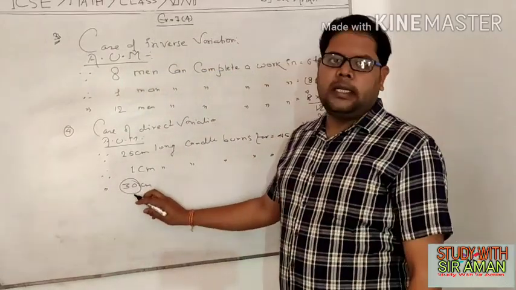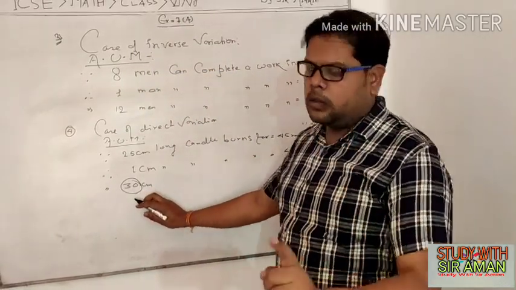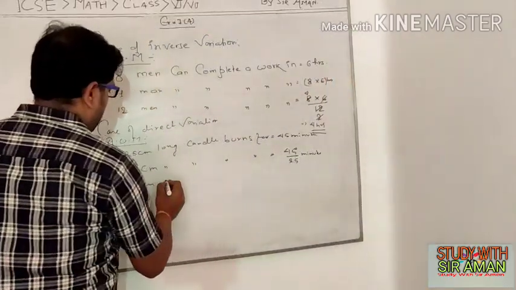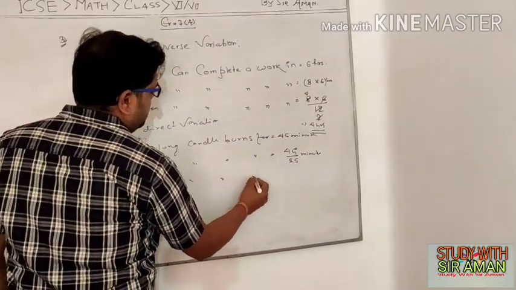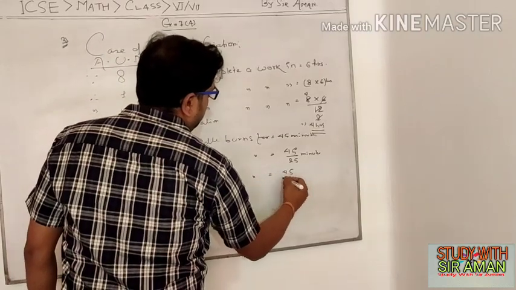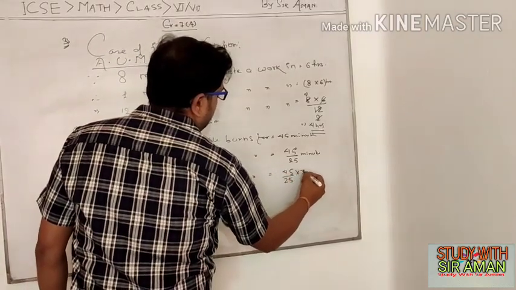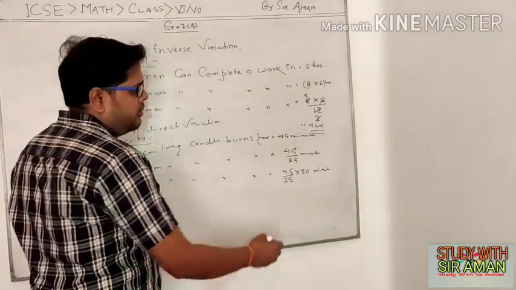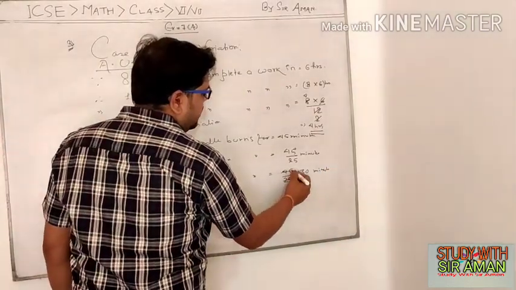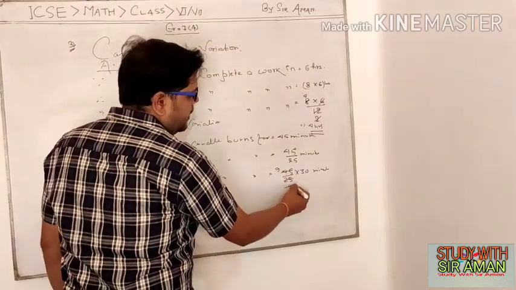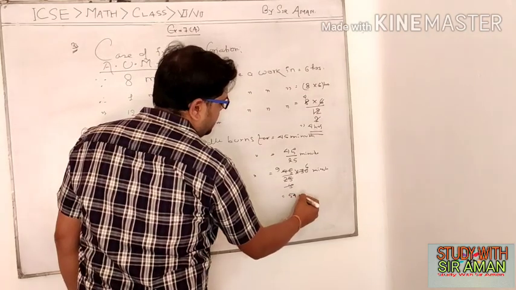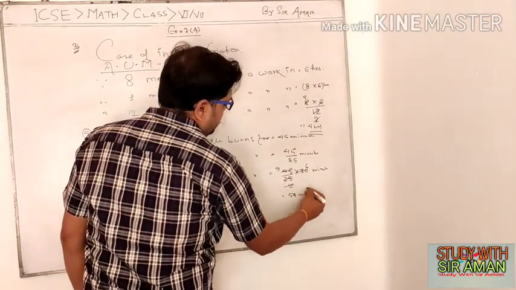From where is this 30 centimeter coming? 5 centimeter longer. 25 plus 5, 30 centimeter long candle burns for 30 minutes. Now we can calculate: 5 5s are 25, 5 9s are 45, 5 6s are 30, 9 6s are 54 minutes.